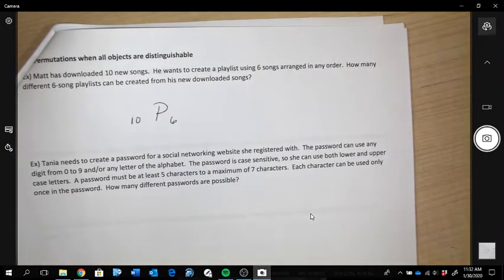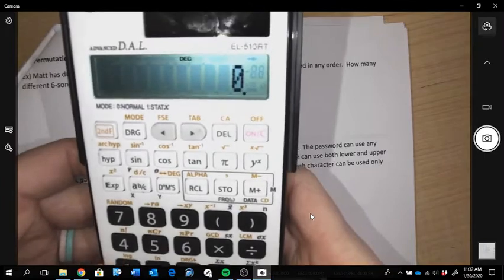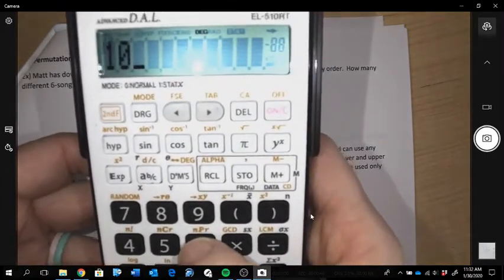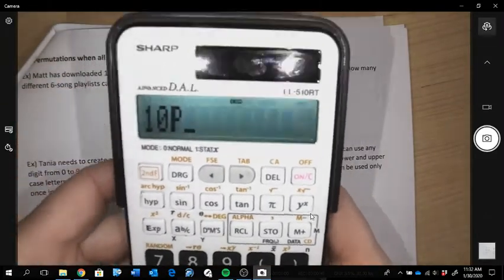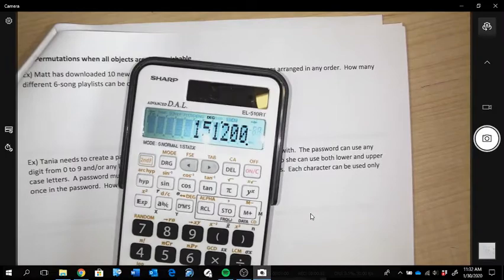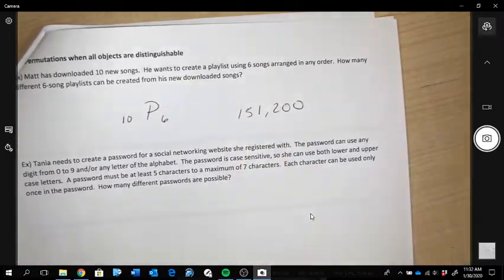Okay, so now I've got to figure this out. I will show you on scientific and then on the graphing calculator. So you're going to go 10 and then here's my nPr button. So that's what it's going to look like. And I get 151,200.